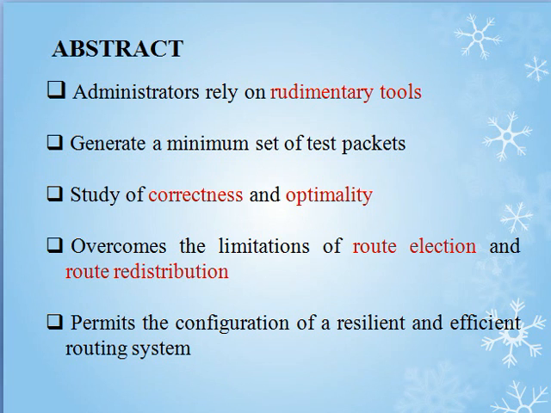This project conducts a thorough study of this new form of interconnection, which presents the conditions for its correctness and optimality. This project proposes a new form of interconnection that overcomes the limitations of route election and route redistribution, which permits the configuration of a resilient and efficient routing system.